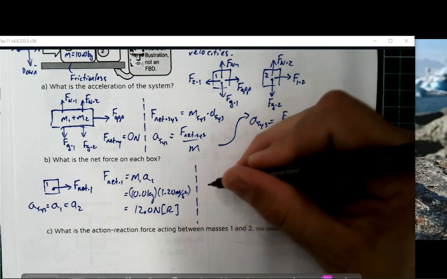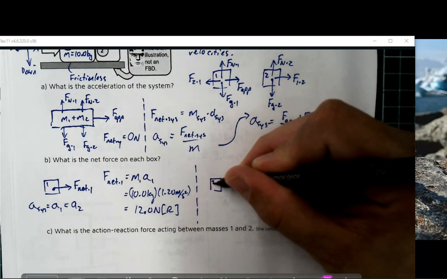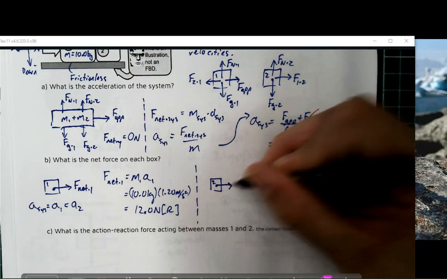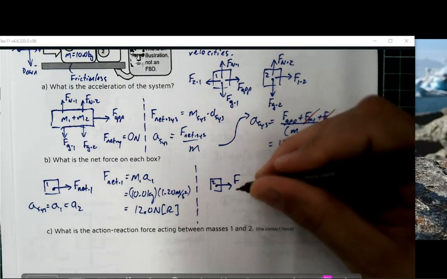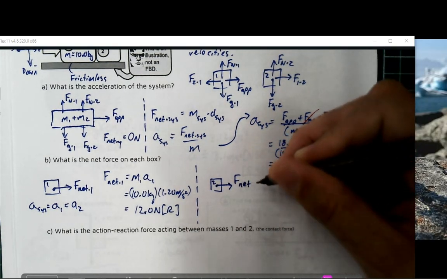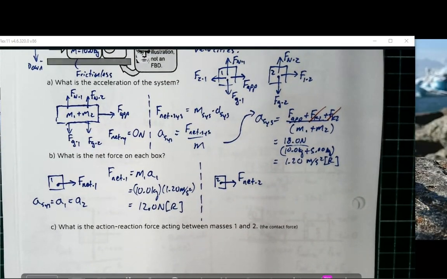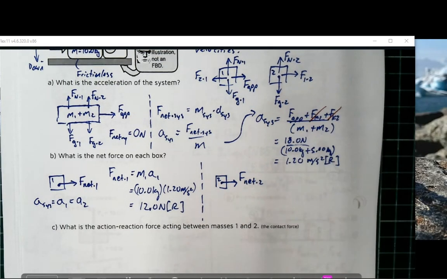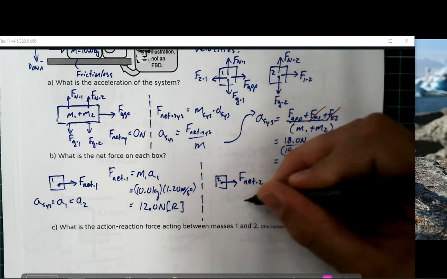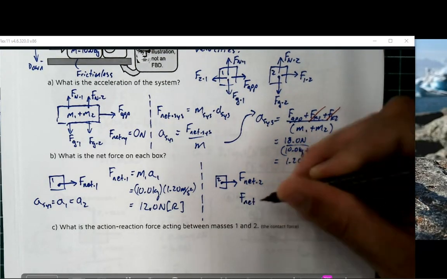And then I say, hey, what about the other box? As it says on each box. Well, the other box, by the same logic, would have a net force diagram. And a lot of times people don't even bother drawing these net force diagrams, especially if they're simple like this. But the net force diagram would look like this. Notice the y components cancel each other out. All we're left with is the x component, which in this case is force of 1 on 2, according to this picture. But I can make this math statement that Newton's second law is always true.